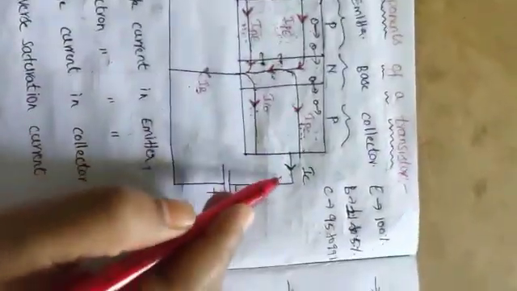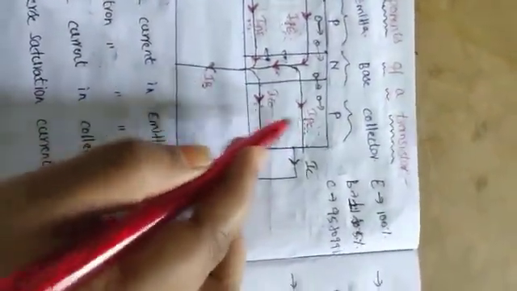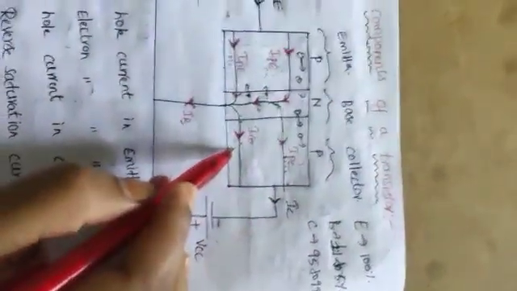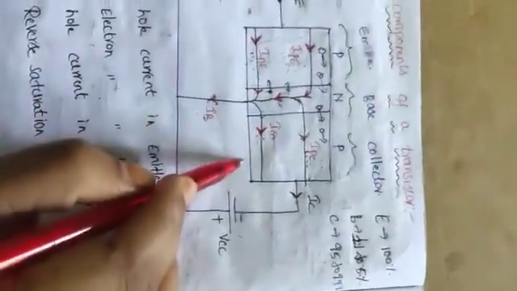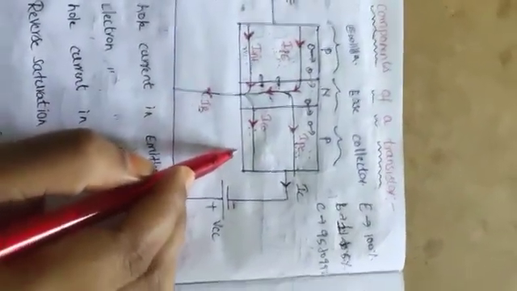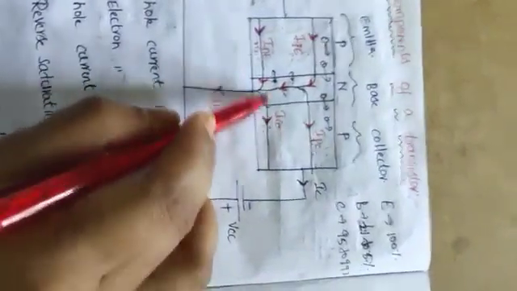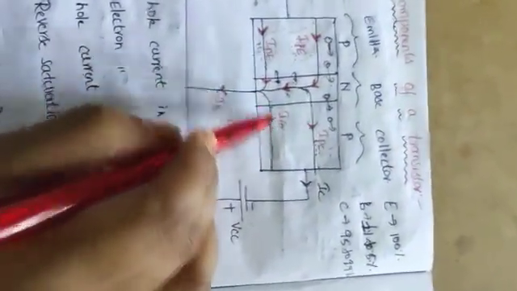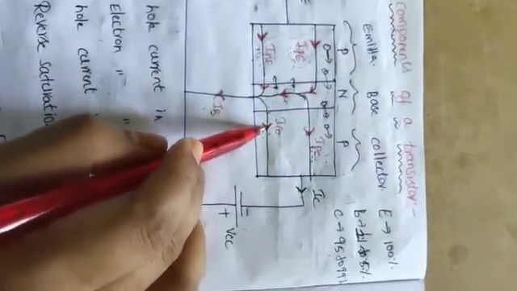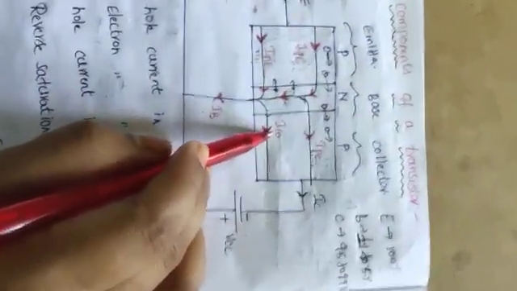The total collector current IC equals IPC plus ICO. Why do we represent ICO? The IPC current is due to transistor action. The collector-base junction is in reverse bias, and in reverse bias only one current is present, the reverse leakage current ICO.